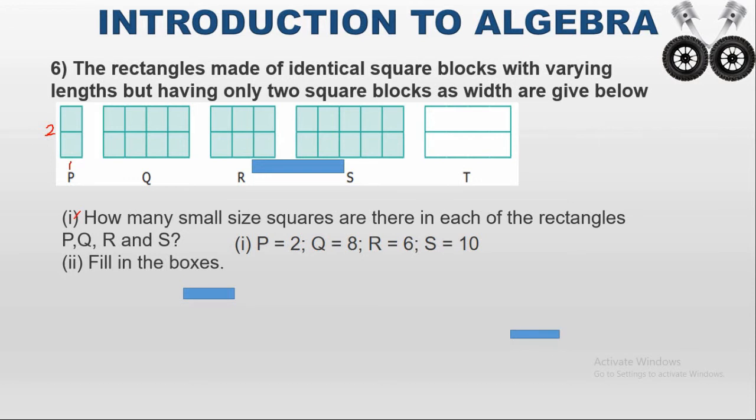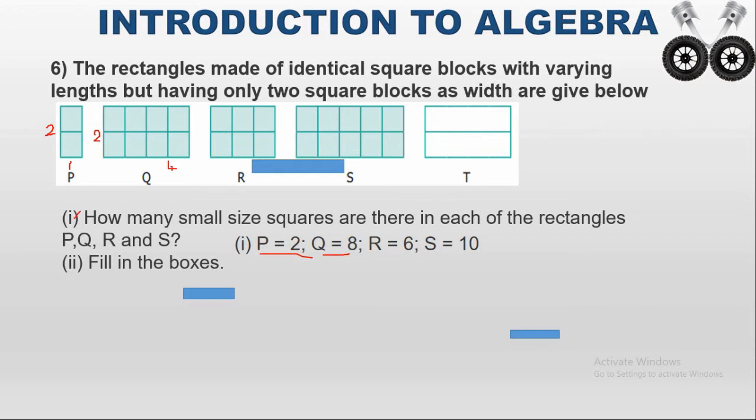So the rectangle box P has the number of squares as 2. Then for the rectangle Q, the length is divided into how many square blocks? It is divided into 4 square blocks and the breadth is divided into 2 square blocks. So you have to multiply length into breadth. So 4 into 2 is 8. So the rectangle Q is divided into 8 square blocks.